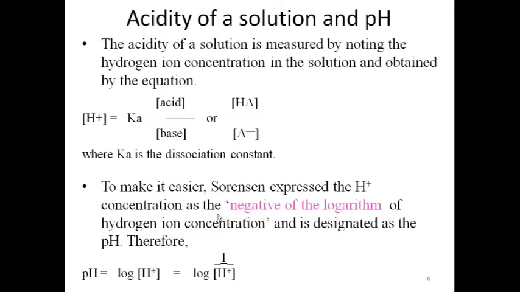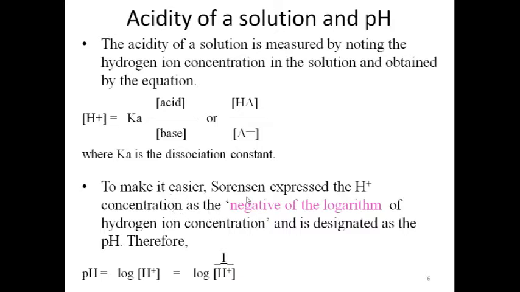Now, what is the pH, or what is the acidity of a solution? The acidity of a solution is measured by nothing but the concentration of hydrogen ions in the solution, which is obtained by this equation.